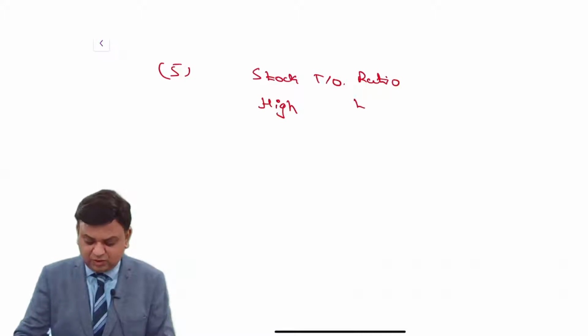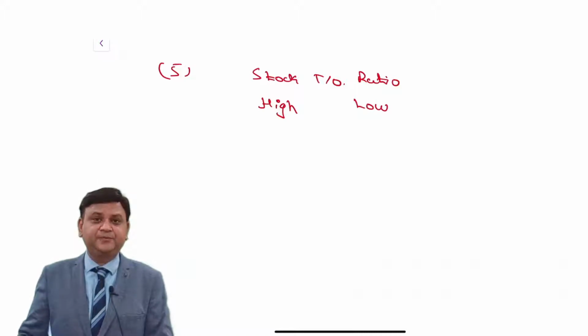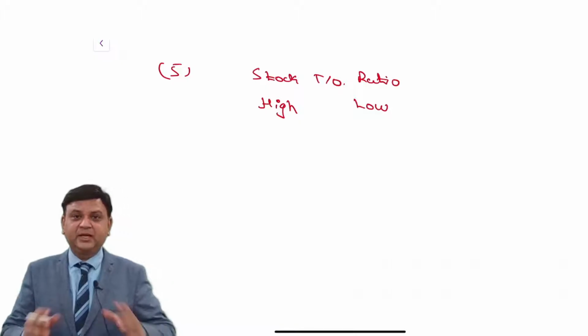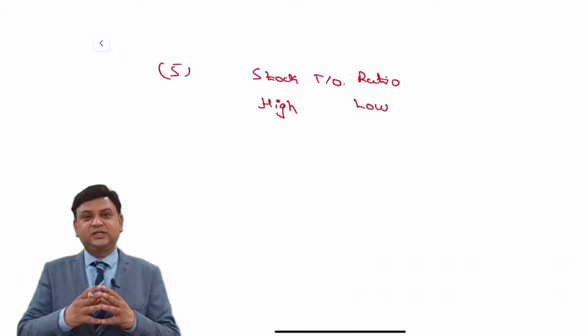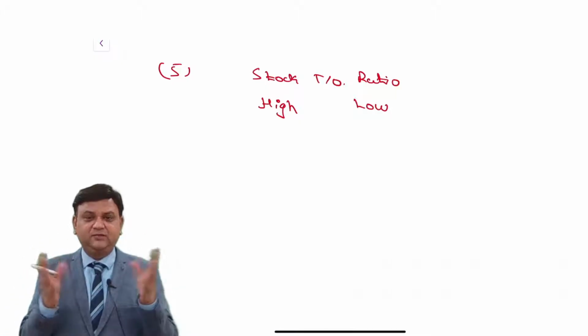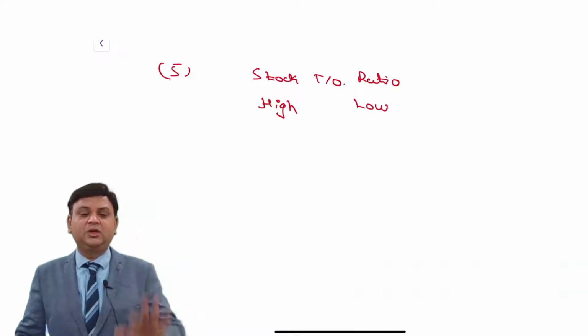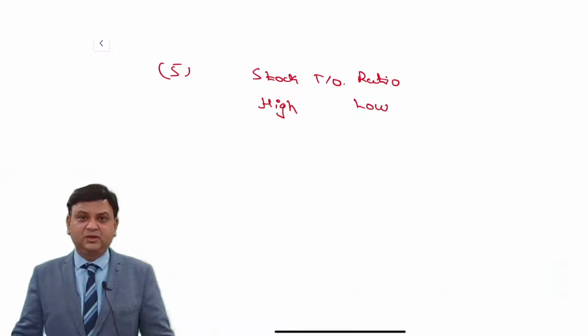And if it is low, then it indicates that the company is not able to get the movement fast. But at the same time, we are required to see the debtors turnover ratio. We are required to see what the other working capital items are. That is the way we are required to consider all these things together. We cannot just take into account the stock turnover ratio for the purpose of evaluating the working capital management.